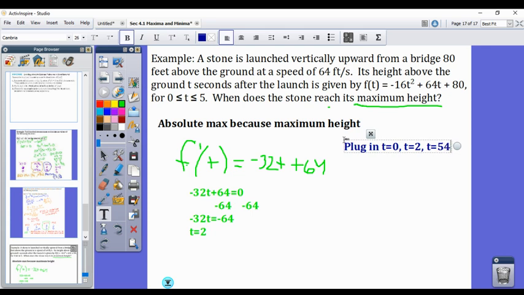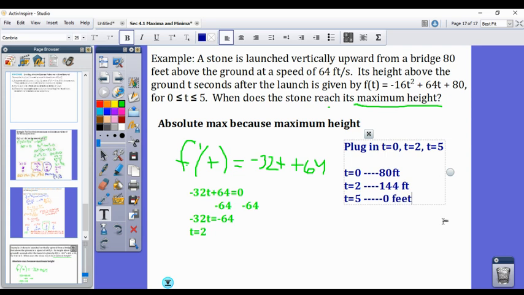Okay, so when I'm plugging in t equals 0, I'm getting 80 feet. When I have t equals 2, I'm getting 144 feet. So I'm plugging in 0 to my original equation, that's 80, plugging in 2, so negative 16 times 2 squared plus 64 times 2 plus 80. And then I'm plugging in 5, and I'm getting 0 feet.